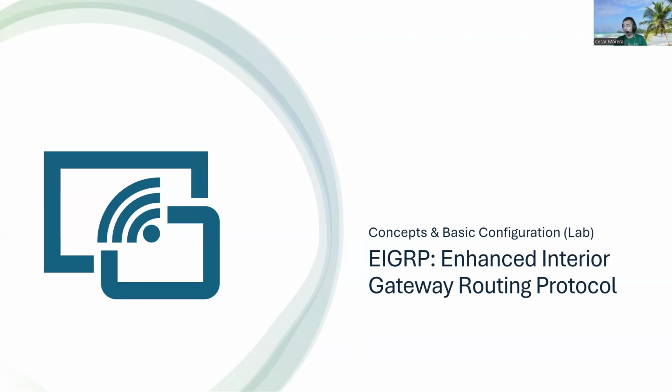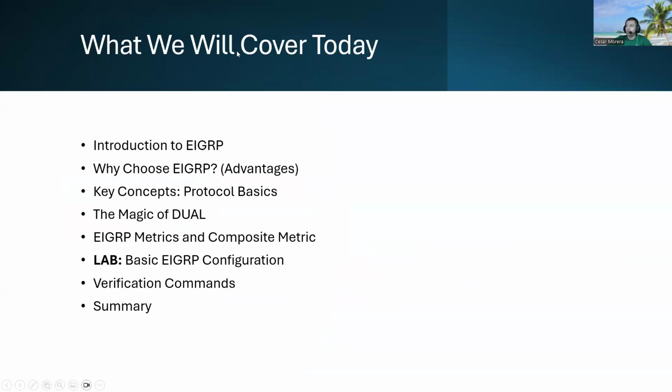Enhanced Interior Gateway Routing Protocol, EIGRP. Let me stop the video for a moment and focus on the concepts for this one. What is the agenda for today? What are we going to cover?